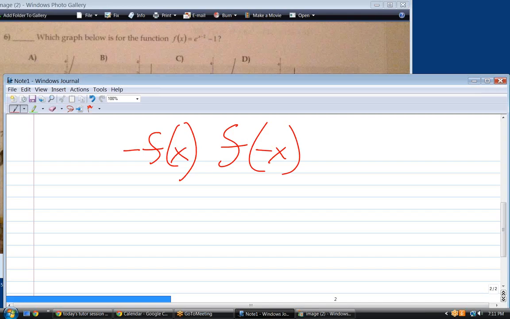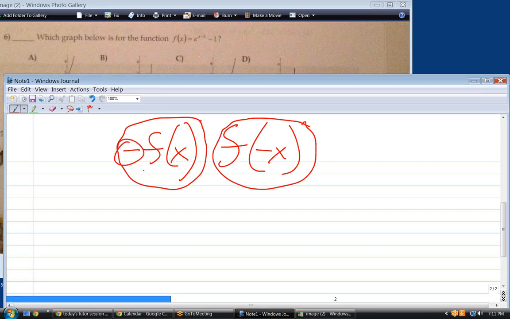Okay? What's the difference between minus f of x and f of minus x, regardless of the function? What does this minus sign do?